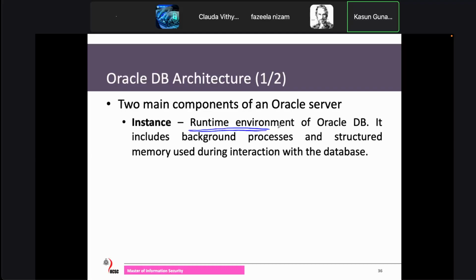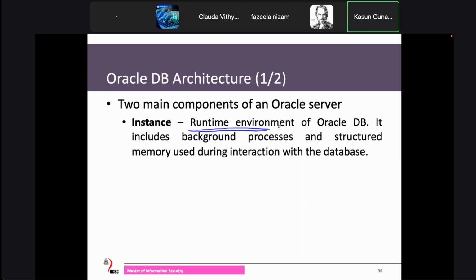It includes background processes and structured memory used during interaction with the database. And all of these are in runtime. Runtime specification of the database. So the database instance manages the database memory, processes, user requests, and coordinates access to data files. So this is about the database instance.